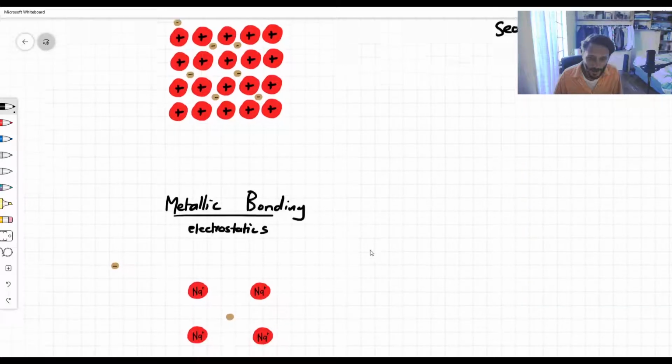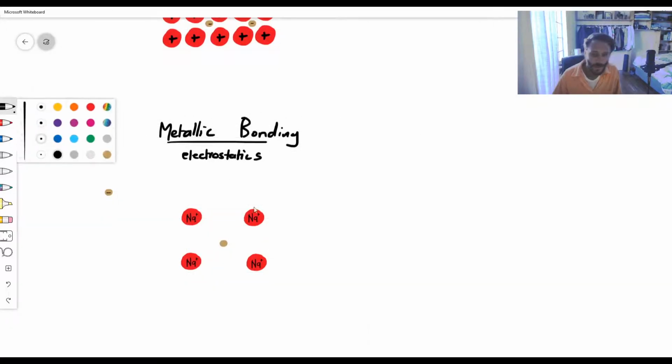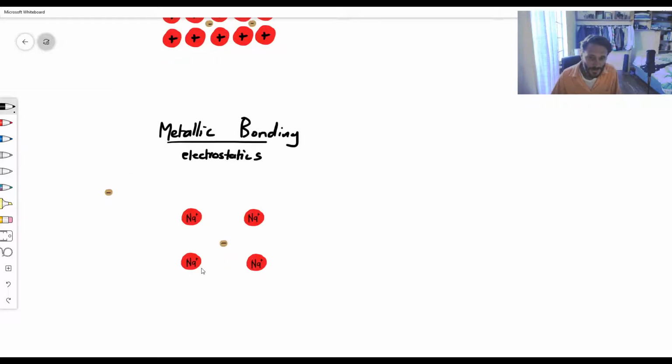So let's find out what exactly is holding these sodium atoms together. It's the idea that there is this electrostatic force of attraction.